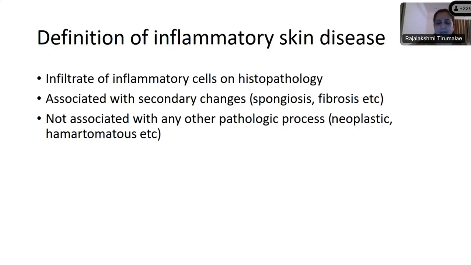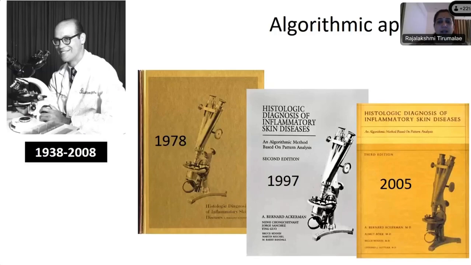So, having known the definition, now there are a lot of ways of classifying inflammatory skin diseases. But perhaps the most popular approach, and the one which works almost every time, is the algorithmic approach, which was pioneered by Dr. Bernie Ackerman. So this is what we are going to be using today.